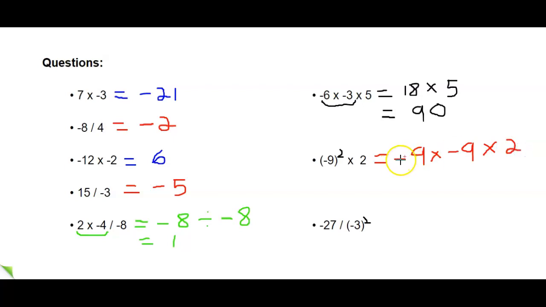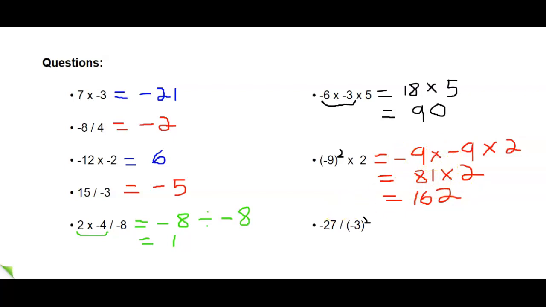So we know that negative multiplied by negative would give us a positive, and 9 multiplied by 9 is 81. So we get 81 multiplied by 2. 81 multiplied by 2, what will that give us? 2 1s are 2, 2 8s are 16. So 162. That's positive 162 because negative times negative equals positive.